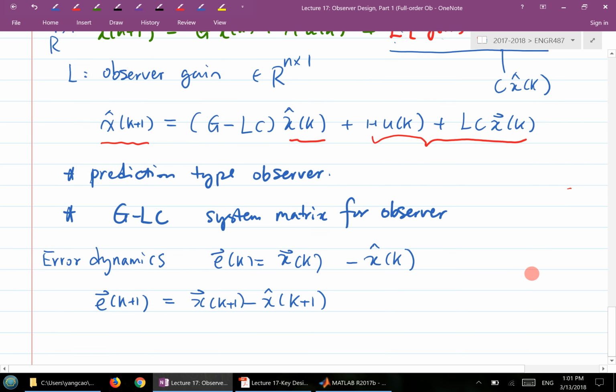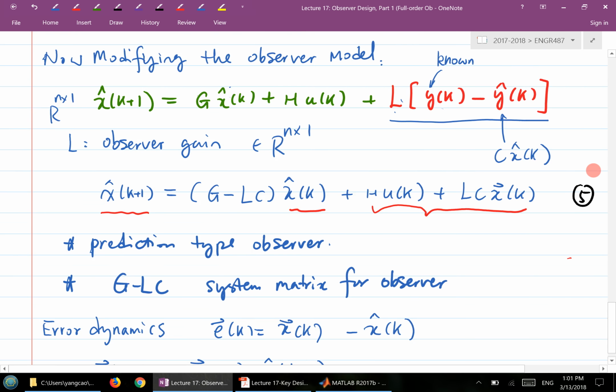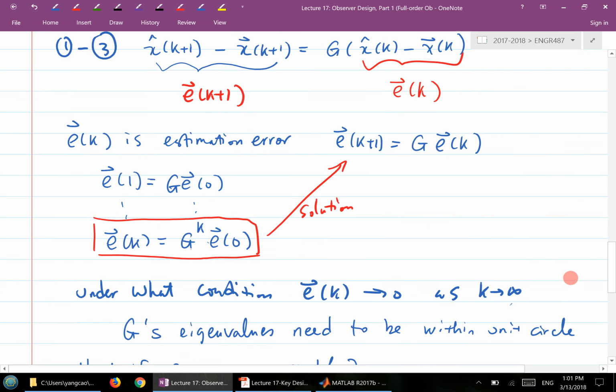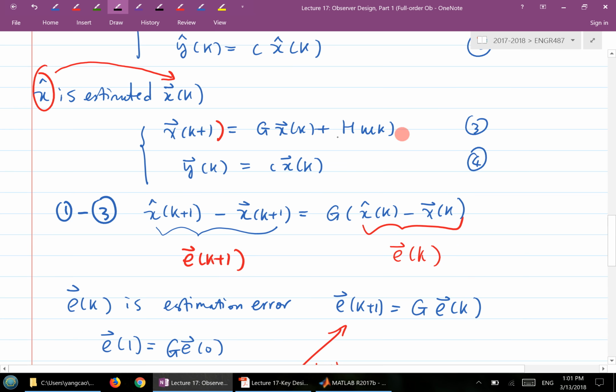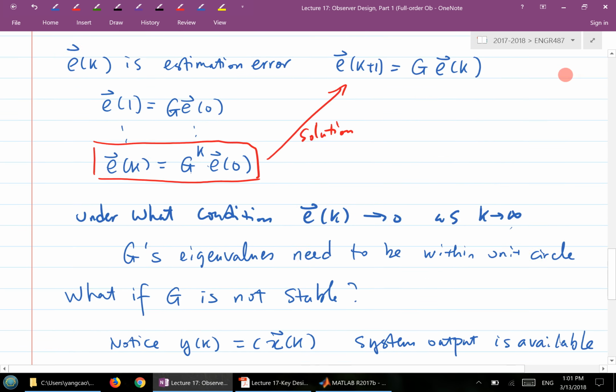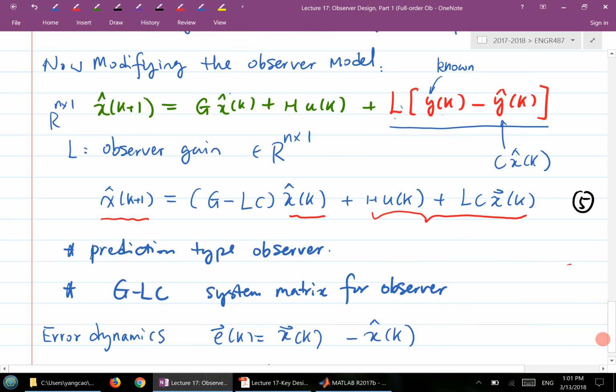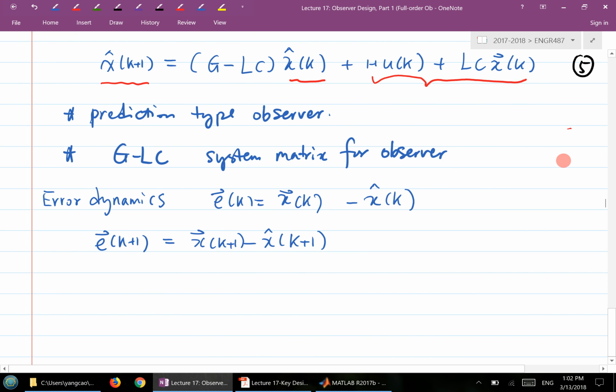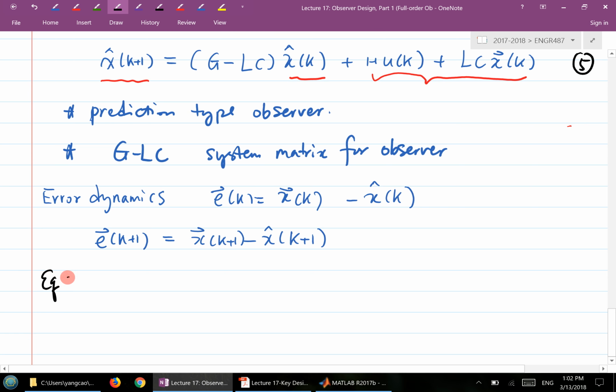Okay. So let's define this as equation number 5. And we defined equation number 3 up over there. Equation number 3 is your original system state equation. And this is your equation number 5 over here. So now let's use equation 3 minus equation 5.